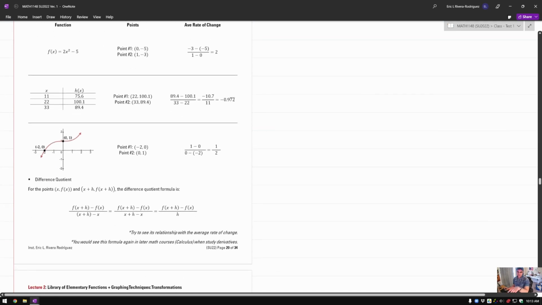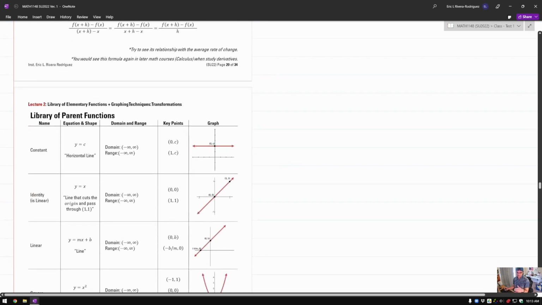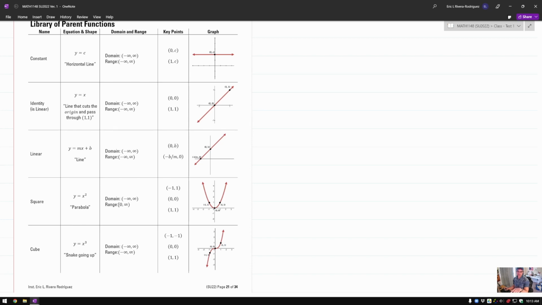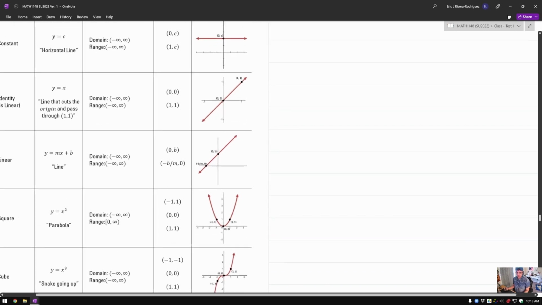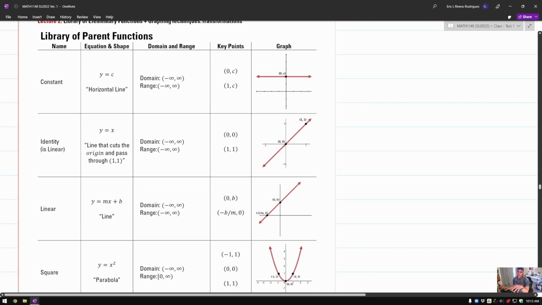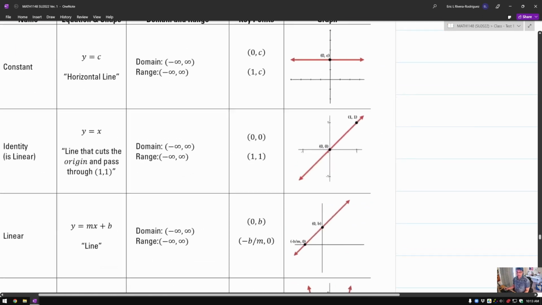You have 18? Yeah, mine says 20, but it's 18. So you should at least read the first page of the library of parent functions. Did you see this page? If you read the first 20 pages, you should have read at least this first table. Library of parent functions.